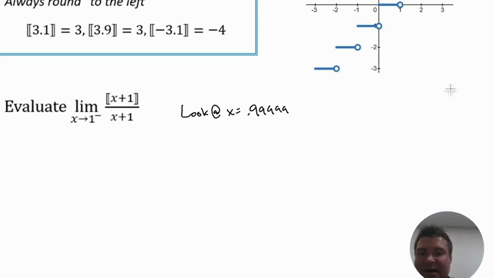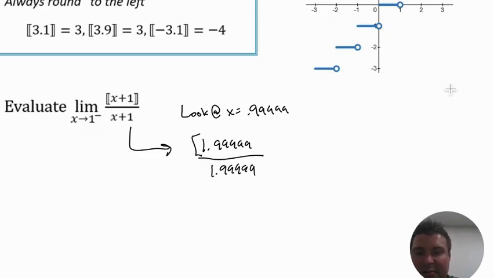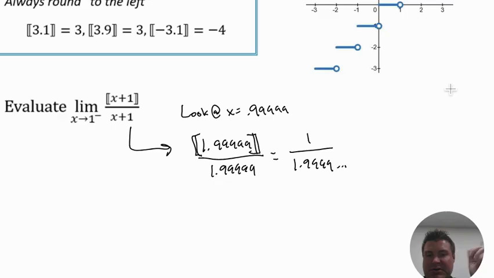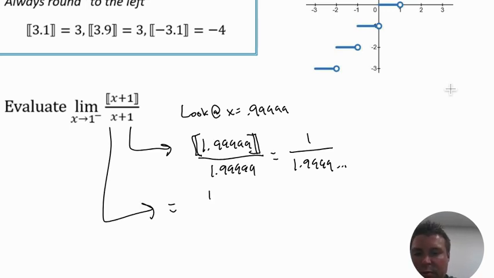And as I do that, this is going to be 1.99999 all over 1.99999, which you would think is 1, but this is the greatest integer function. Those extra bars there. That's going to round down to 1 over 1.9999. And really, I can plug in numbers even closer to 1 as we keep going and going. So the top is going to equal 1, and if I plug in numbers super close to 1, it's going to give me a 2. That is why this limit is equal to 1 over 2.